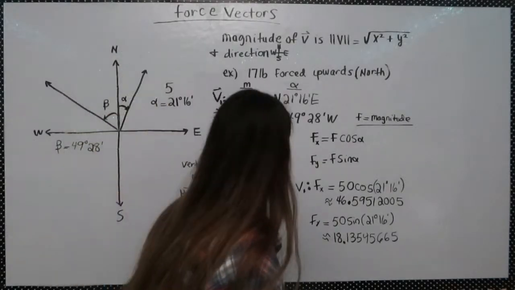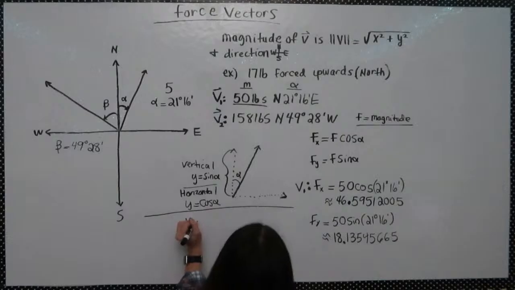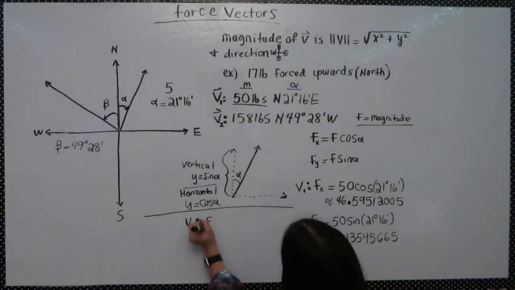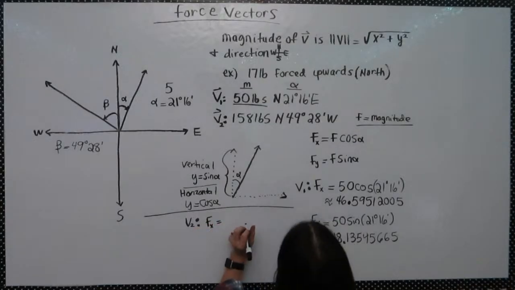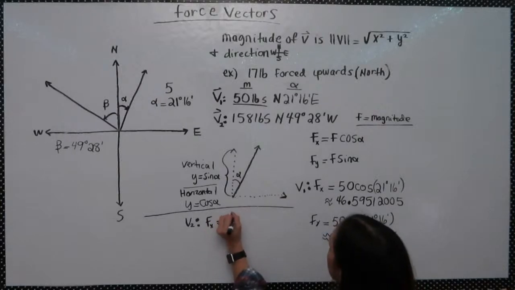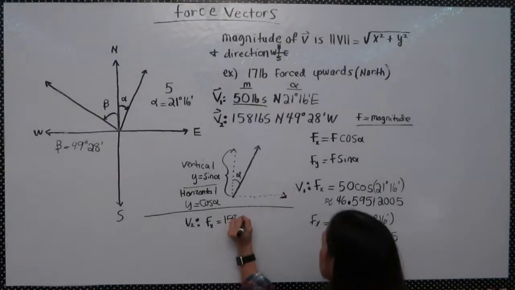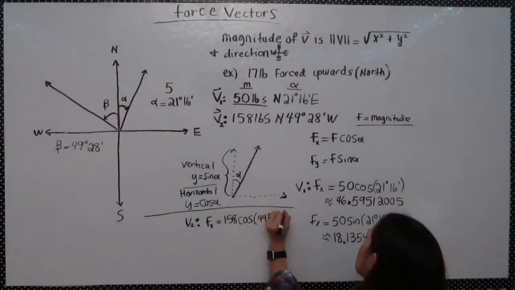All right, so we'll put it here. Vector 2. The force of the x component is going to equal, and that was 158 pounds, so the force is 158 times cosine of 49 degrees and 28 minutes.